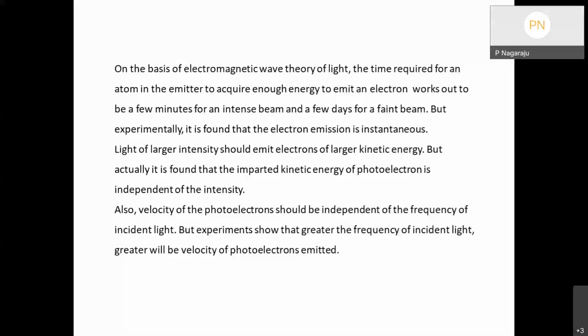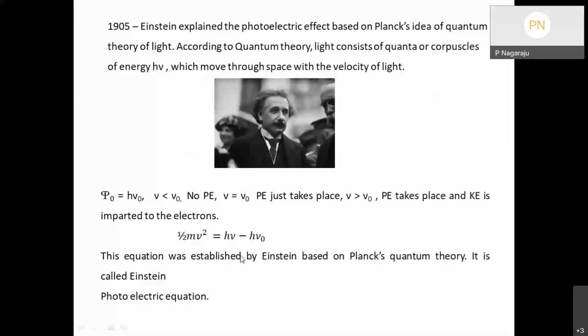It only depends on the frequency. Also, the velocity of the photoelectron should be independent of the frequency of incident light, but experiments show that the greater the frequency of incident light, the greater the velocity of photoelectrons emitted.